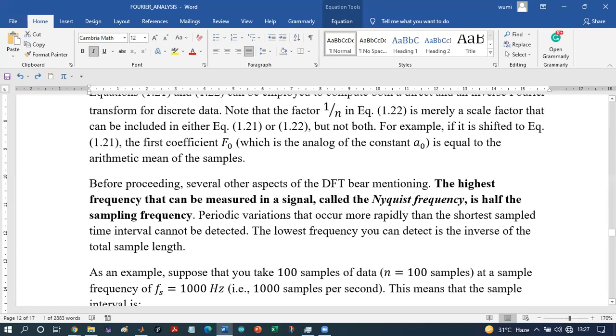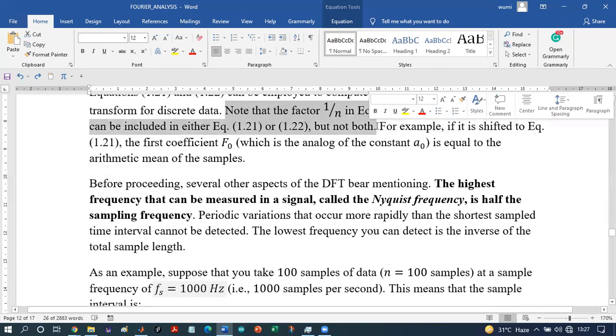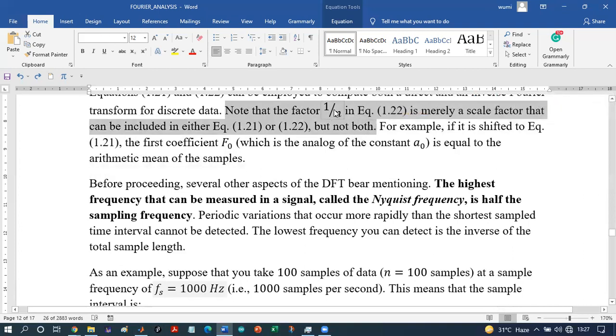Please keep quiet, everybody. So this scaling factor. If you read the notes, I've already explained it in the notes. The scaling factor of 1 over n is just a constant that can either be included in the DFT or in the inverse DFT.